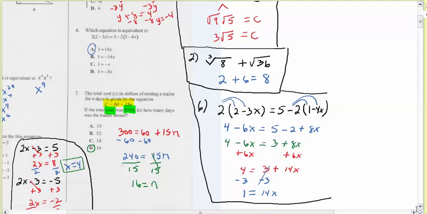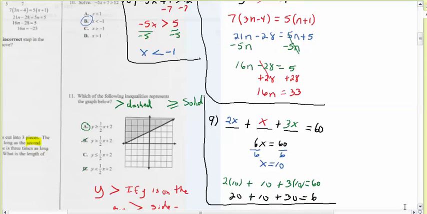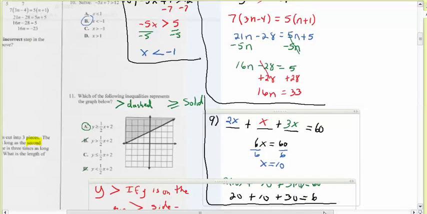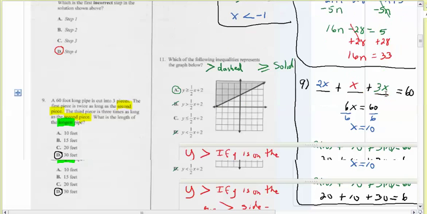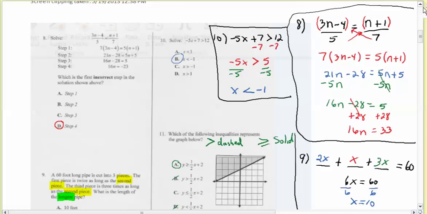Alright, next page. Number 8 is right here. I put my parentheses in. Then I did my cross products, and I'm looking at the examples over here, and that's what they did.